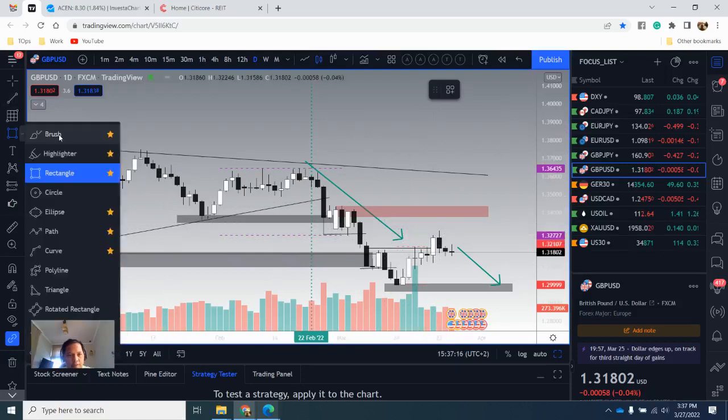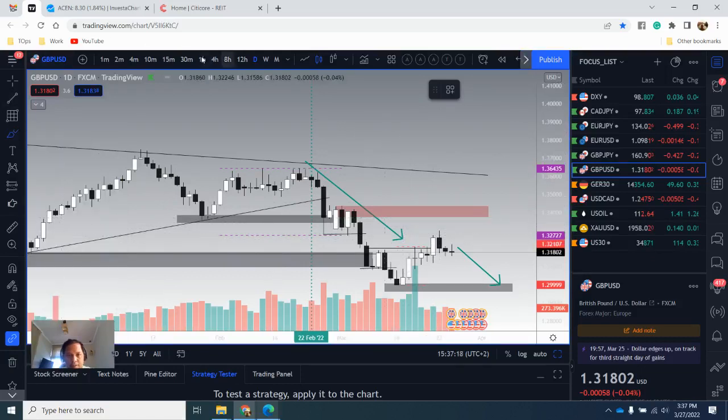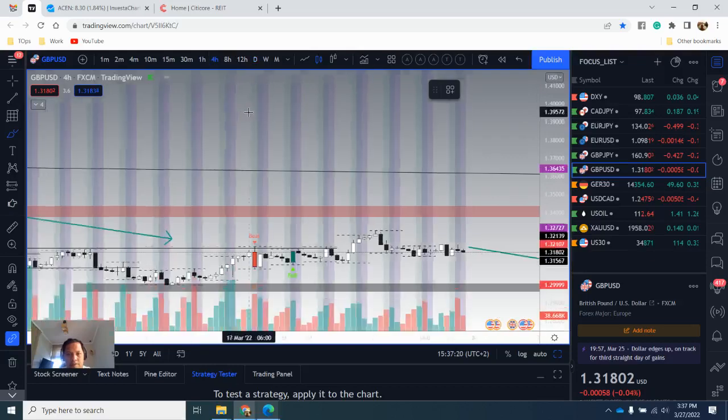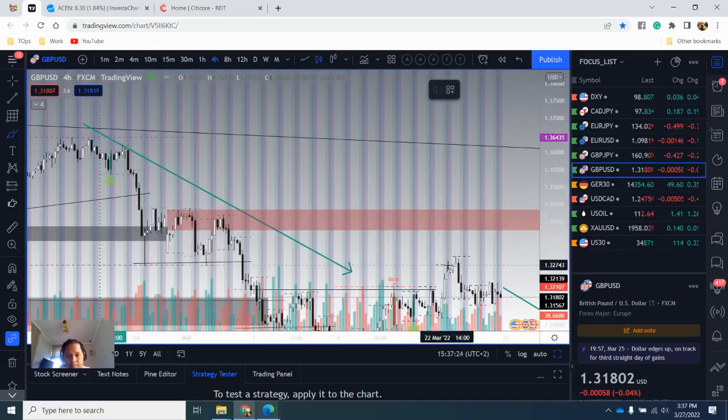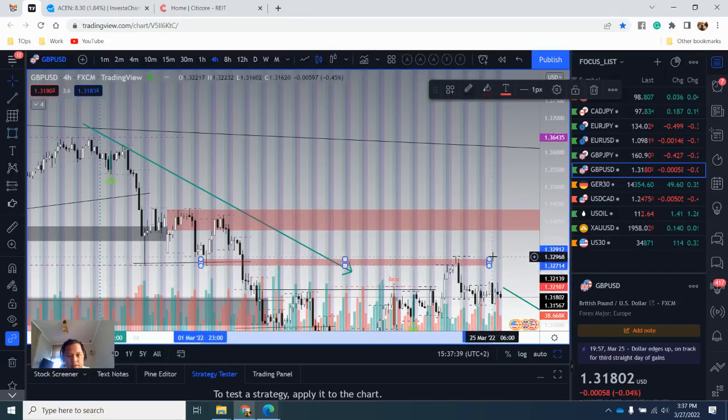Okay, so let's go to the 4-hour time frame. What can we see? While the price is trying to move upward, it retested this breakout point, somewhere here. It's a very important point where the shorters came in.